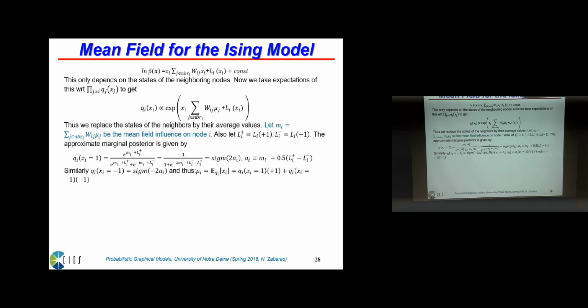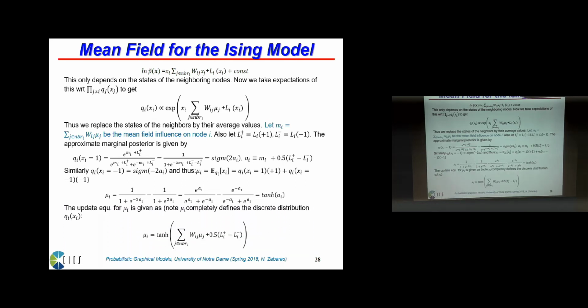So the mean value of the discrete variational distribution of xi is basically qi when xi equal to 1 times the value 1, plus this times when the value is -1. And if you substitute all of these things, you get that the mean value is basically the hyperbolic tangent of ai. Okay? Also a very nice result.